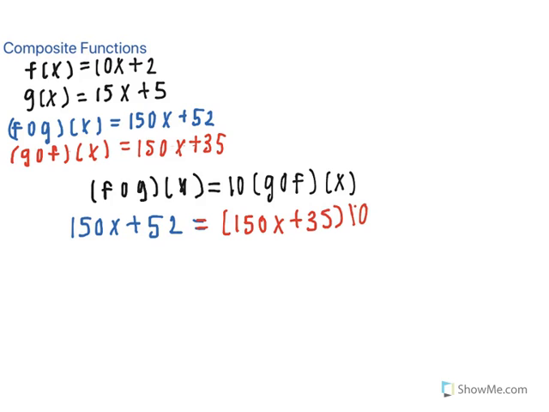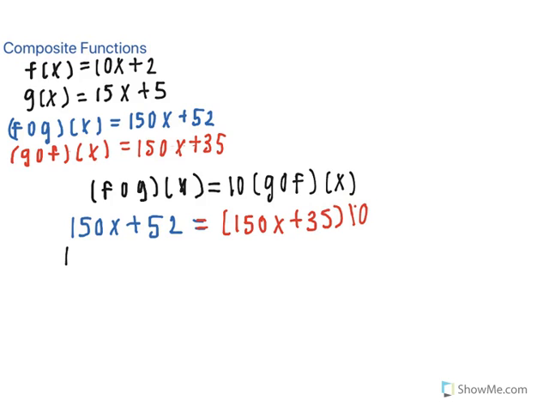We got this because f of g of x is 150x plus 52, like we previously solved, and g of f of x is 150x plus 35, like we previously solved, but we have to multiply g of f of x by 10 because that is part of the problem.